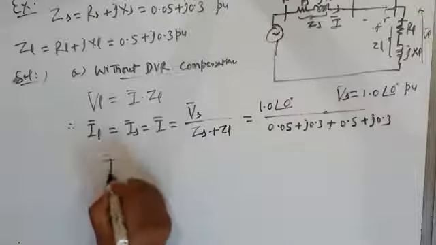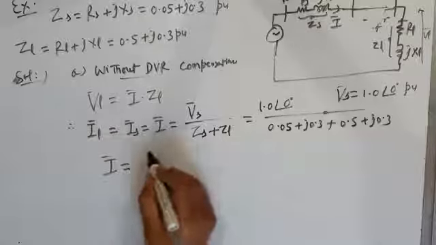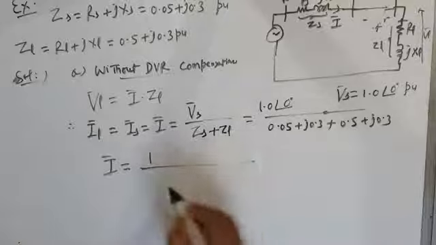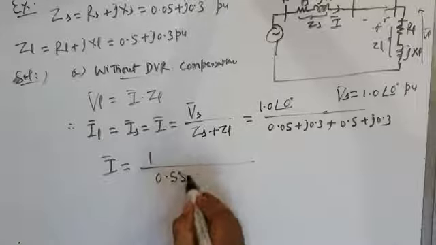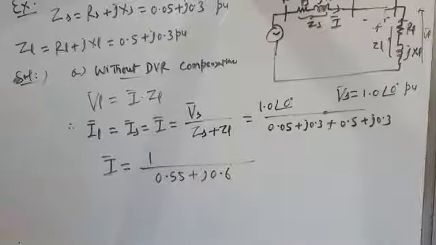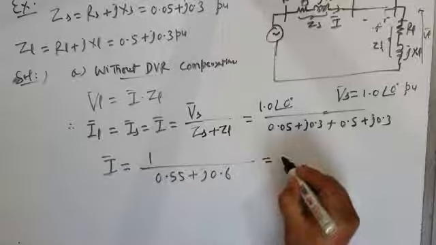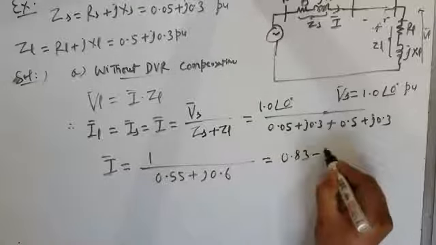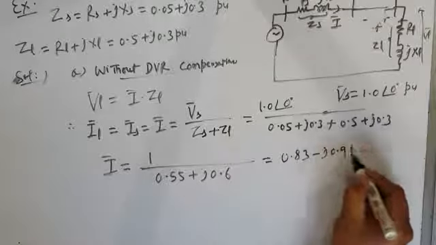So therefore I is equal to 1 divided by 0.05 + 0.5 is 0.55, + j(0.3 + 0.3) is j0.6. ये जब आप calculate करेंगे, I have calculated it in rectangular form, it will come out to be 0.83 - j0.91 per unit.